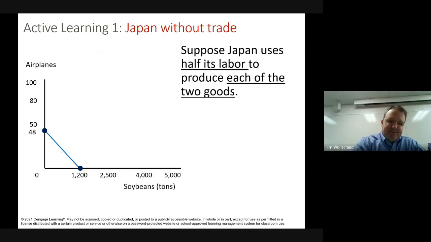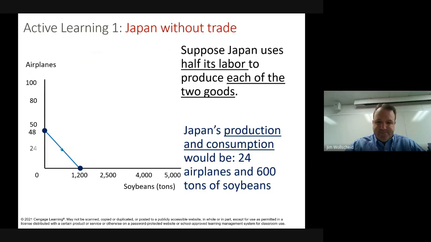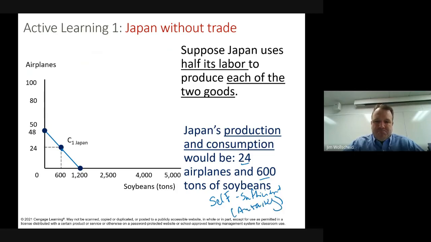And just like the United States, we just picked a point here in the middle for Japan. We can see what they could produce if they are self-sufficient. Or they are in autarky. So Japan's there in the middle.